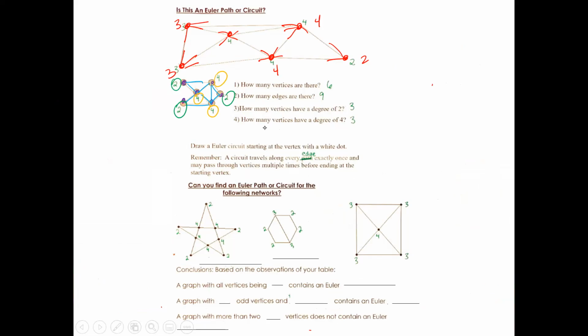Draw an Euler circuit starting at the vertex with a white dot. Remember, a circuit travels along every edge exactly once and may pass through the vertex multiple times before ending at the starting vertex.